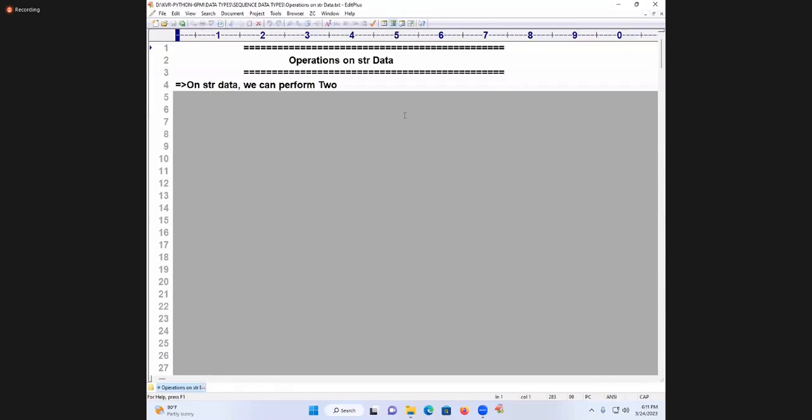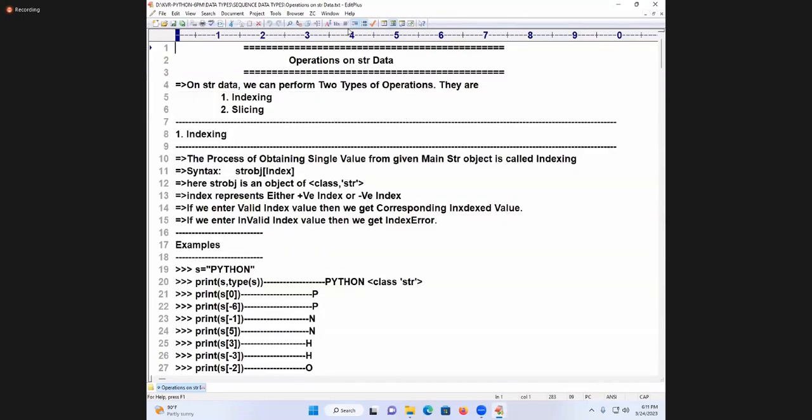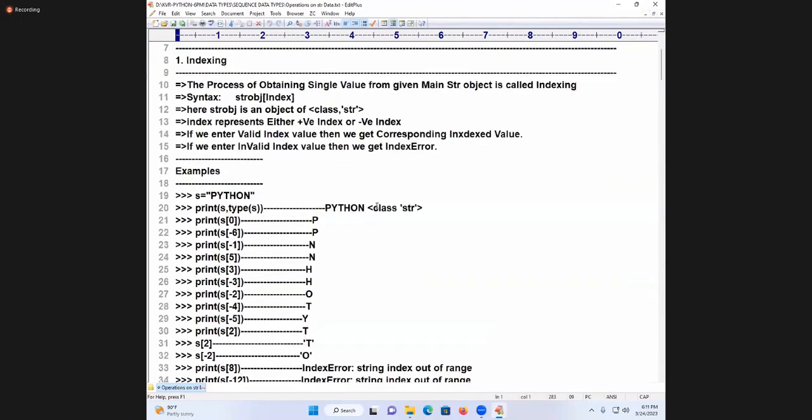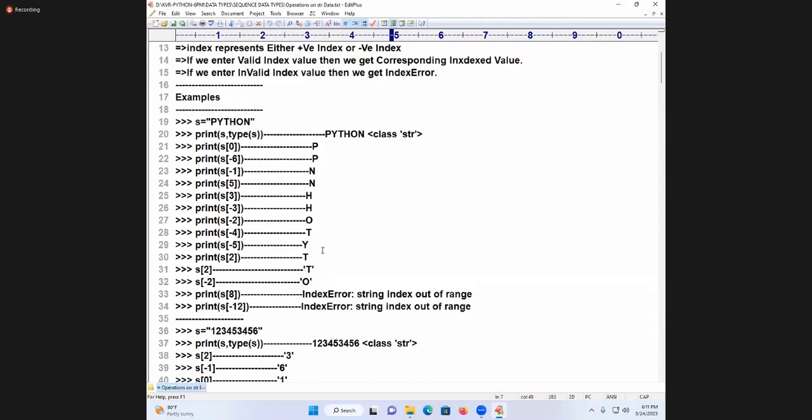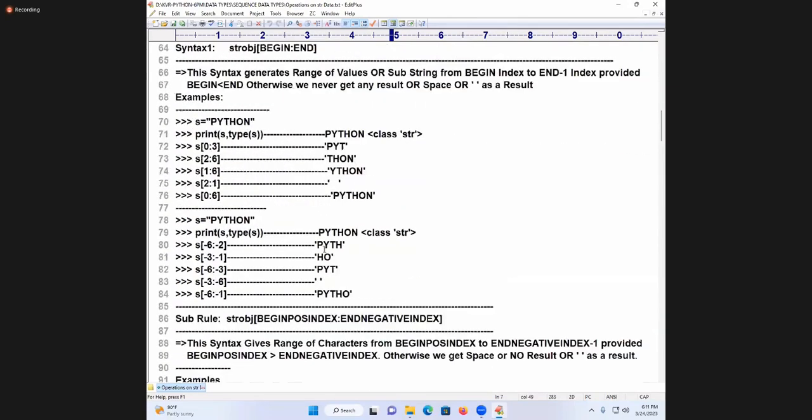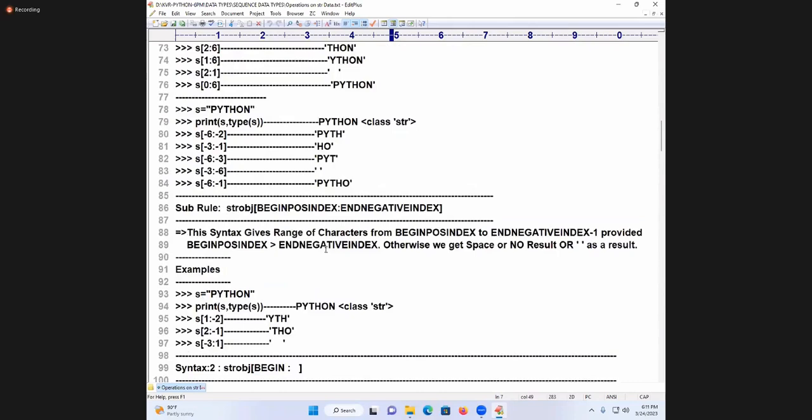Have we practiced it? Right, good. How many operations can you perform on string data? Two. One is indexing and the other is slicing. Indexing is very simple, and slicing has different syntaxes. Now let me move to the further discussion.